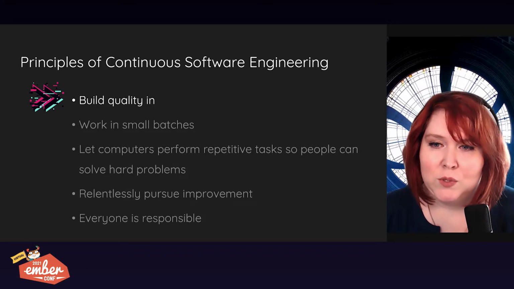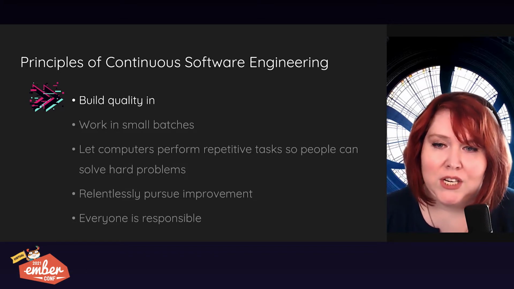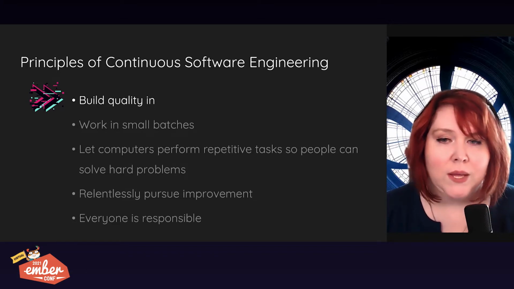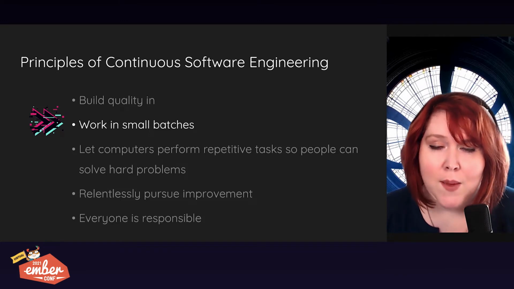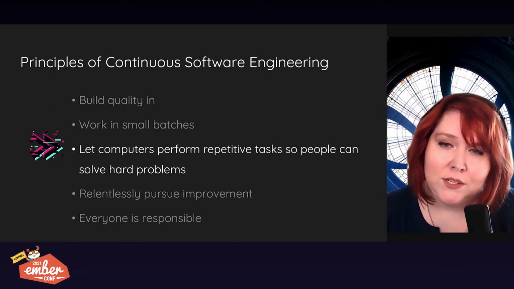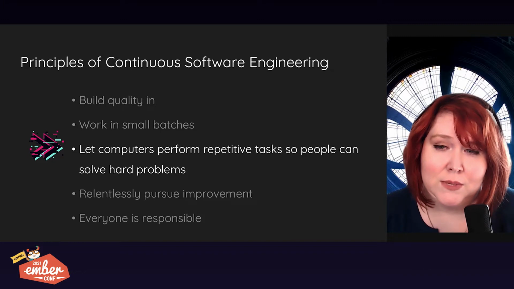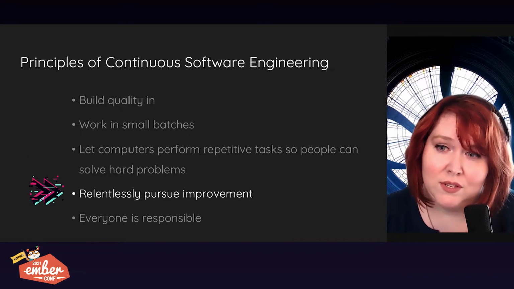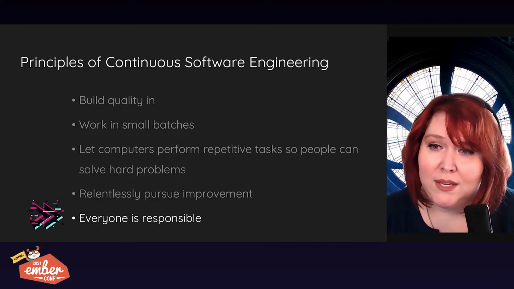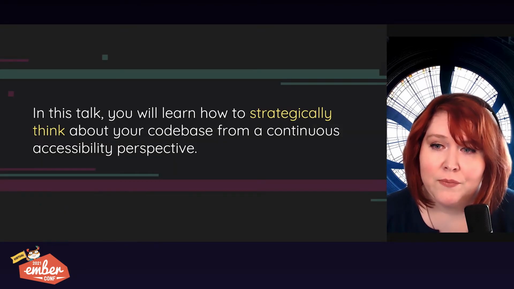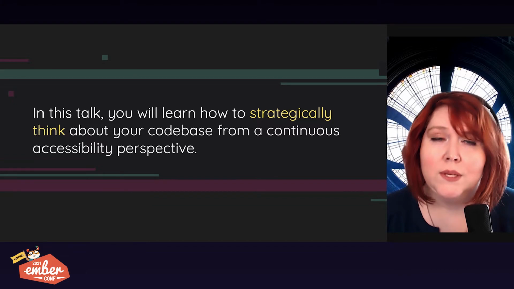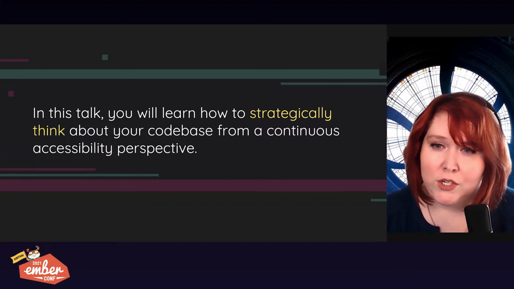The well-established principles of continuous software engineering remind us to build quality in, to work in small batches, to let computers do the tedious stuff and humans do the hard stuff, to always be improving, and that everyone is responsible for doing these things. In this talk, you will learn the essential points of strategy for continuous accessibility.